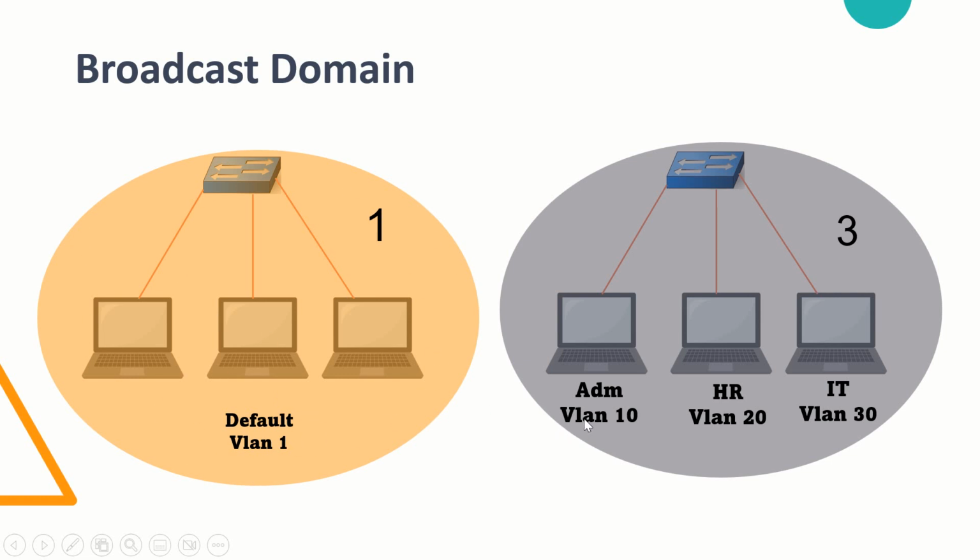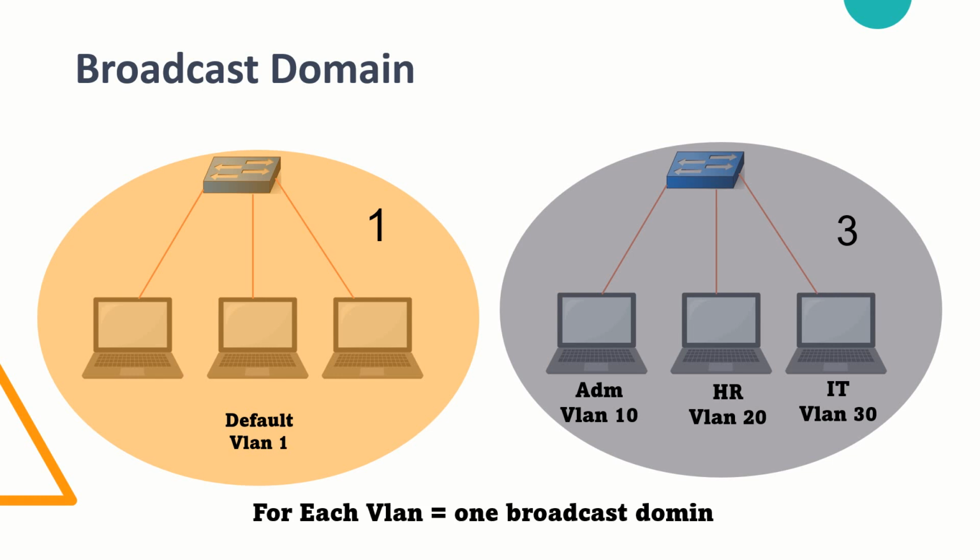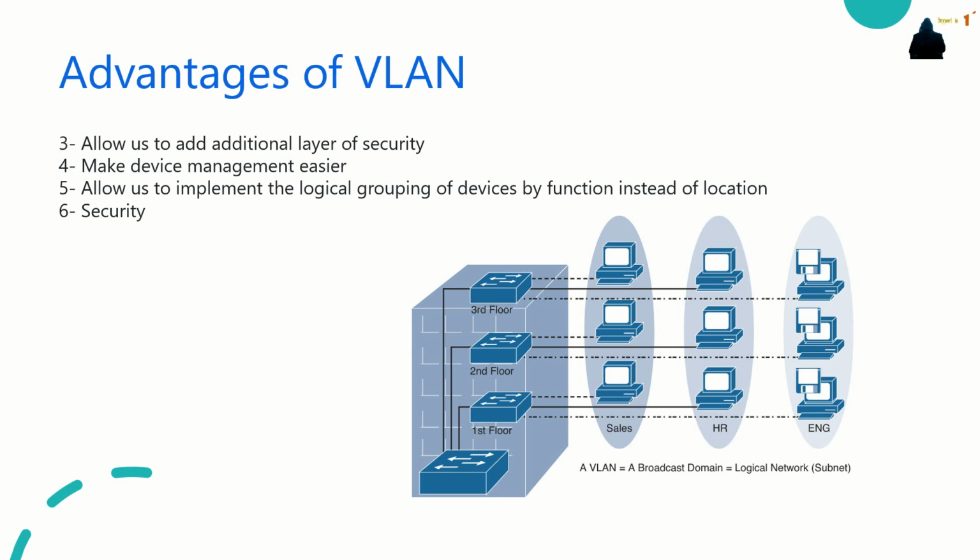But if you configure 3 VLANs here, VLAN 10, 20, 30, this is the VLAN ID number, it's up to you, you will divide one broadcast domain into 3 broadcast domains. For each VLAN, we have one broadcast domain. For 3 VLANs, we have 3 broadcast domains.